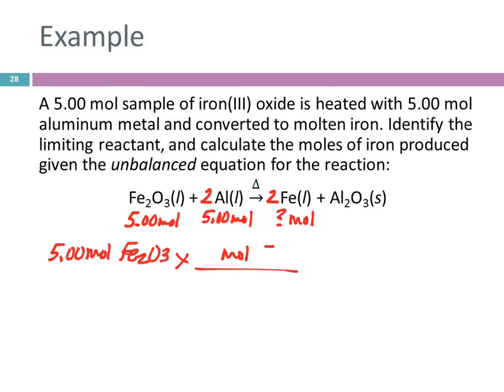I want to figure out how many moles of Fe I can make. I can make 2 moles of Fe for every 1 mole of the iron oxide. So if I was able to use all the iron oxide up, I could make 10 moles, right?